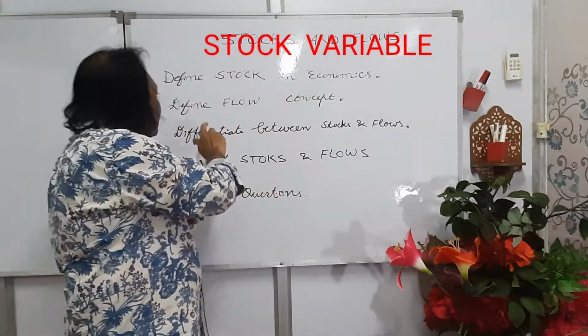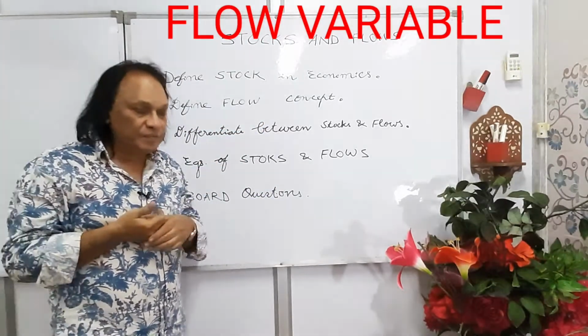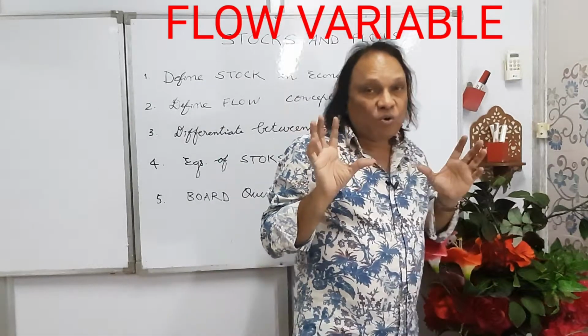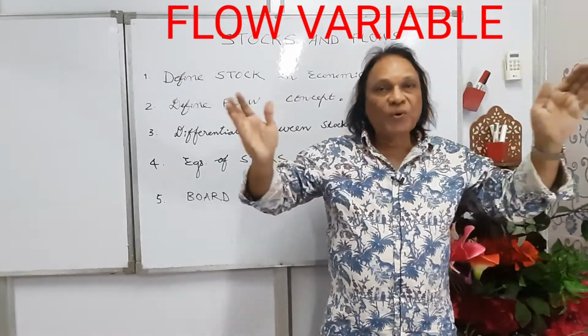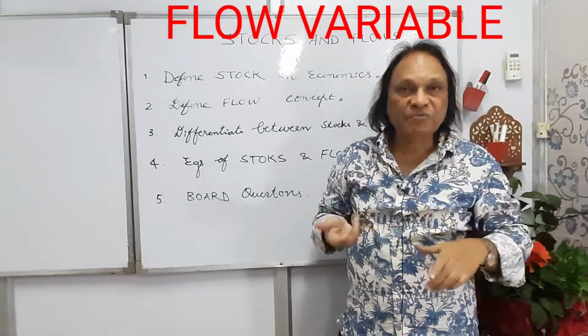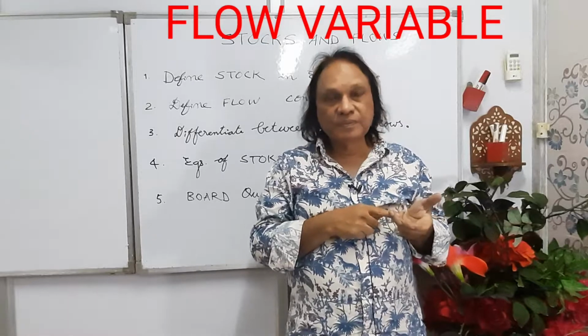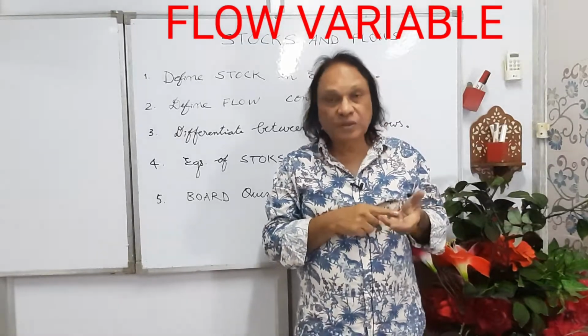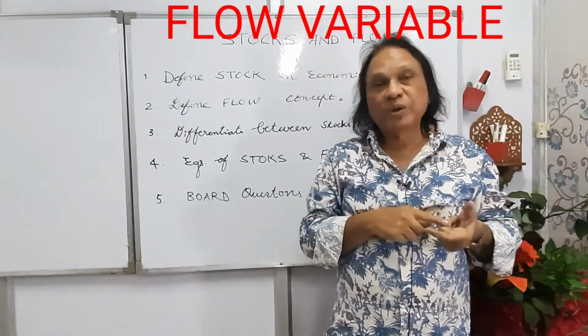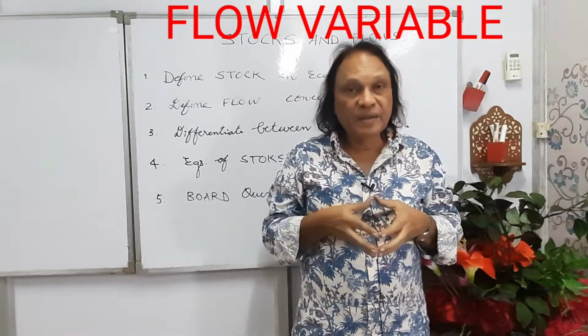And what exactly is a flow variable in economics? Flow is a quantity measured over a period of time. This period of time can be an hour, can be a day, 24 hours, can be 1 year, can be a decade, can be a century.